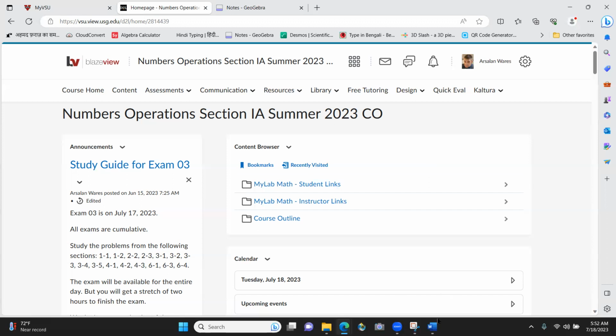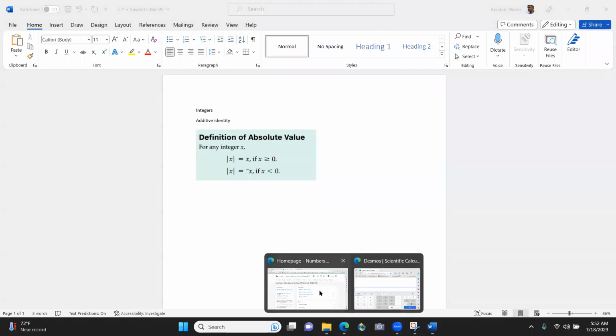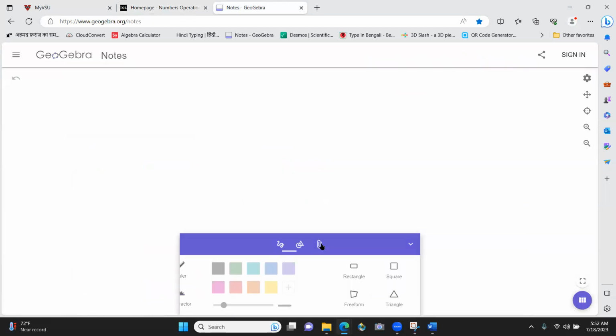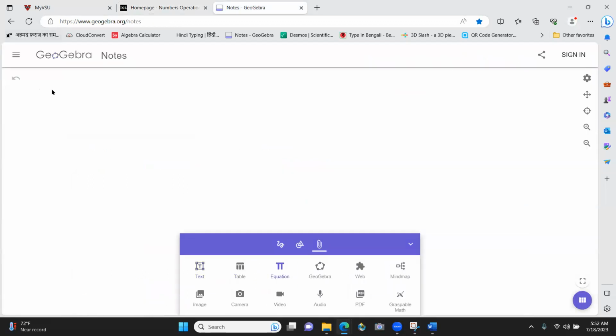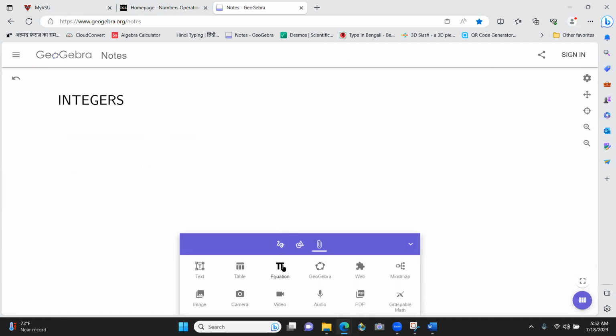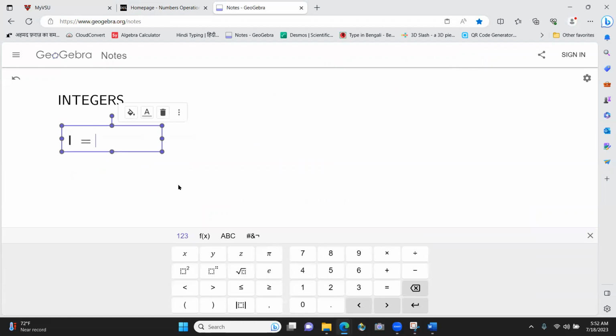In this chapter, we talk about integers. What are integers? Let's find out. So integers are these numbers. It's a set.